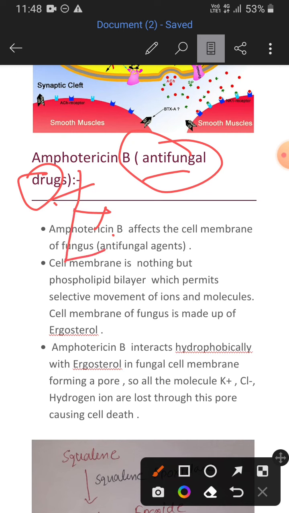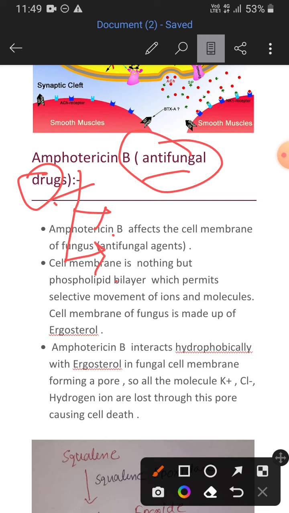Now the second question is what kind of mechanism it shows: whether it destroys the cell wall, the cell membrane, or is involved in inhibition of replication, transcription or translation.